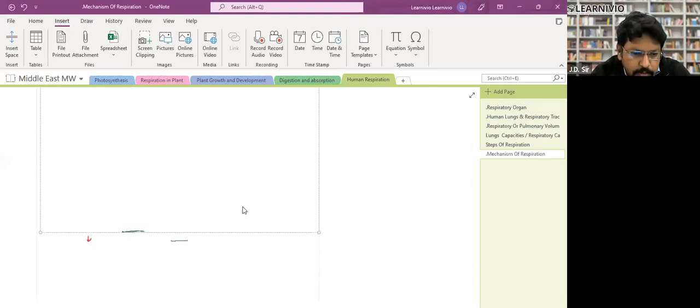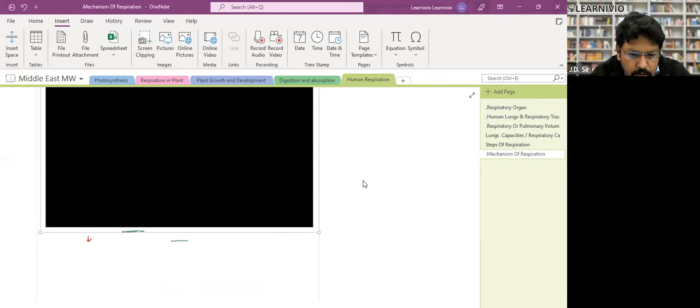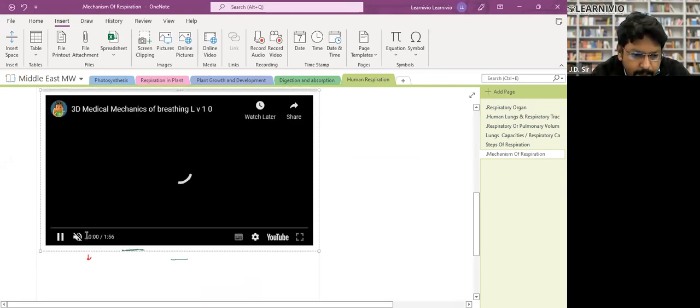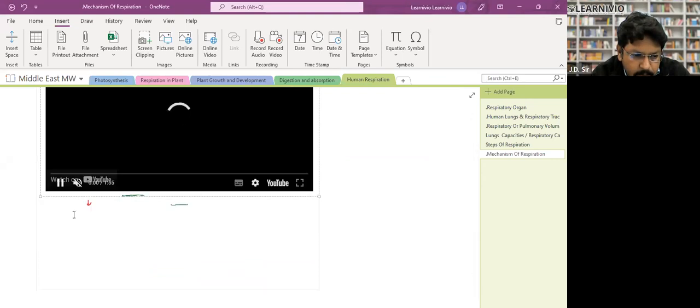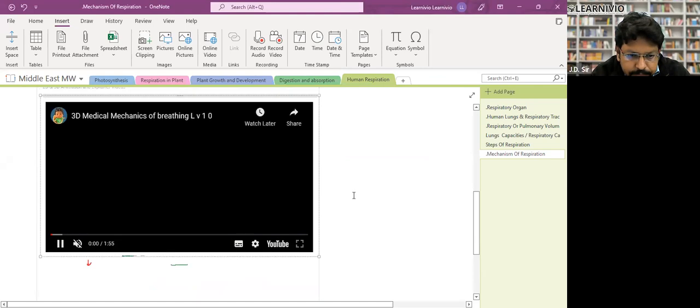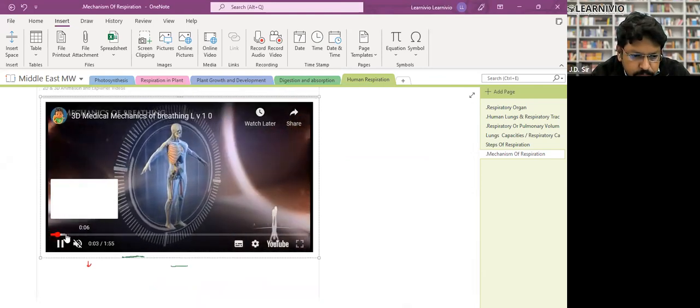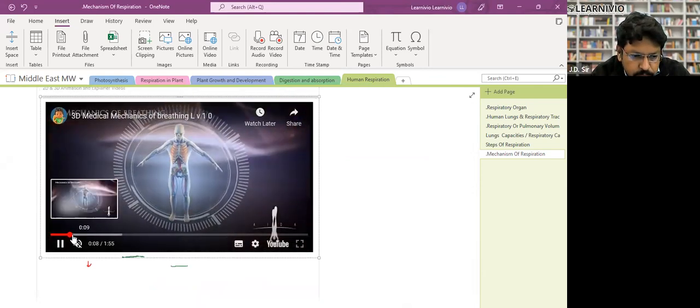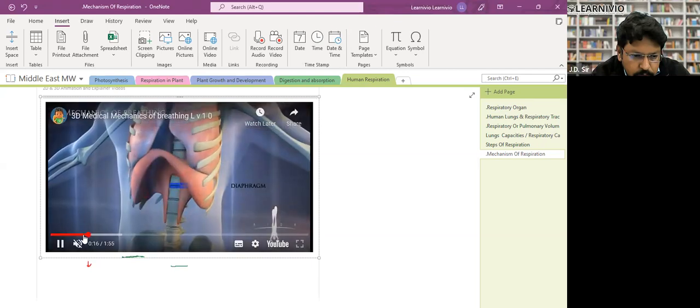Look, how does the mechanism of breathing take place?